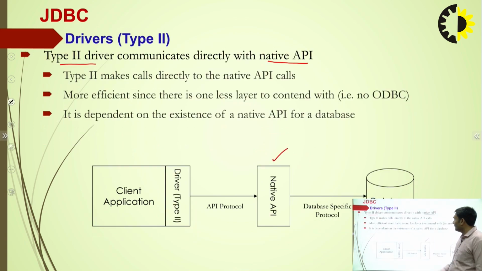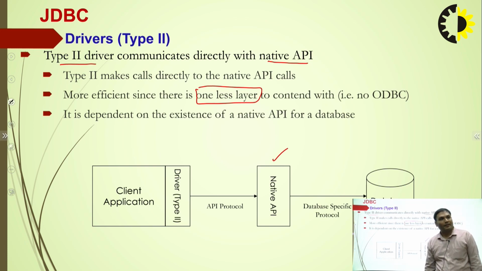Type 2 driver makes a call directly to the native API, and it is more efficient since there is one less layer as compared with type 1 driver to connect with the database, and it is dependent on the existence of the native API for the database. So the client application can be connected with the database through this native API.